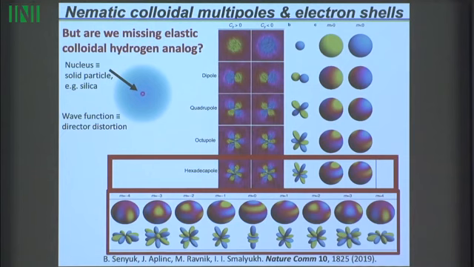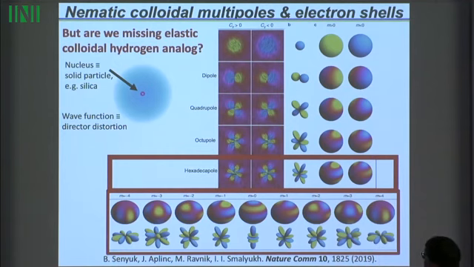But we are missing something, and something very basic. So far, we did not have monopoles. And for monopoles, you would have director tilting in one direction, right? So you can see for dipoles and quadrupoles, the director tilting is changing around. For dipoles, as you can see, you have two opposite tilts.